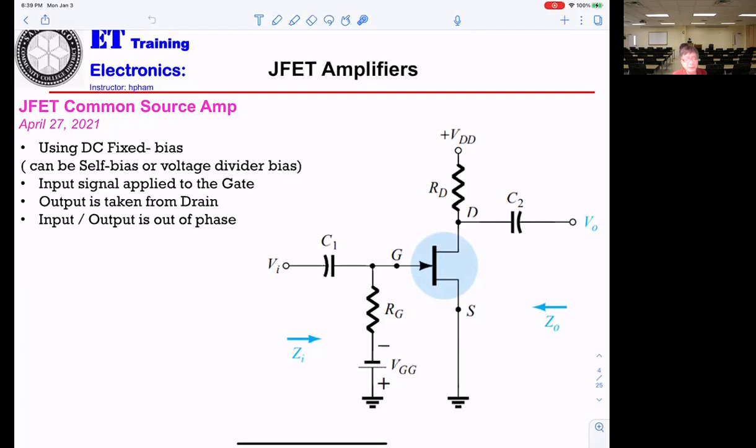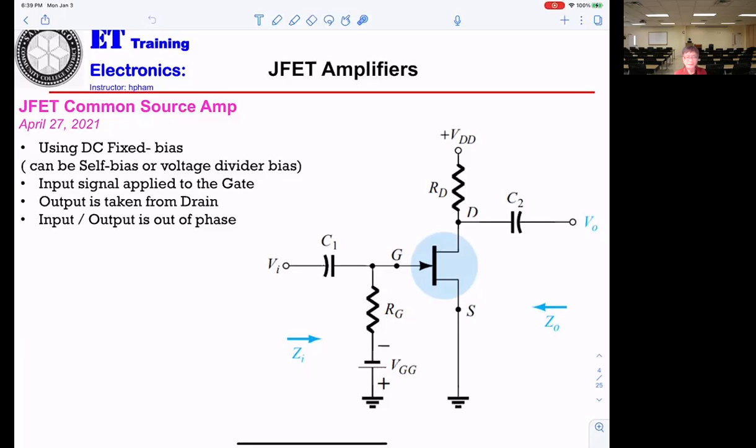Okay, that is the first thing you must recognize. They can build the amplifier either by fixed bias, self bias, or voltage divider bias. On this common source, they're using fixed bias. In a different textbook, they can use self bias or voltage divider bias. That only tells you that before you go to the AC model, you have to calculate everything for the DC bias.